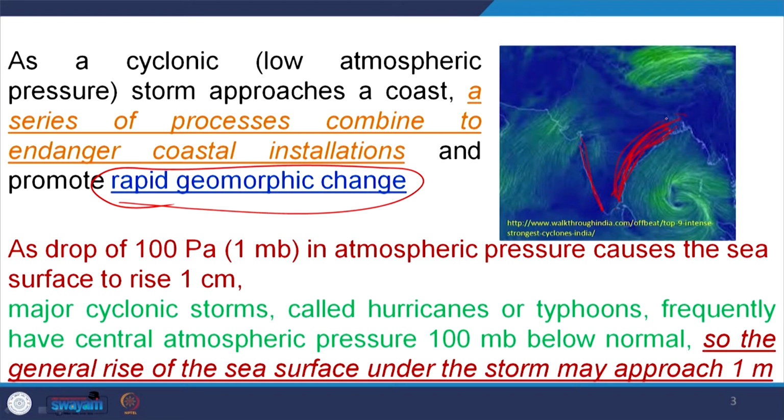However, that 1 meter rise will hardly affect this part, because of the steepness of the slope. In lower slope regions like the coastal plains, that 1 meter rise or fall will affect hundreds or even thousands of square kilometers.